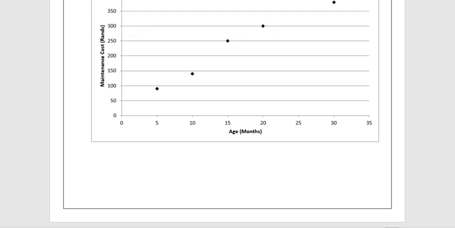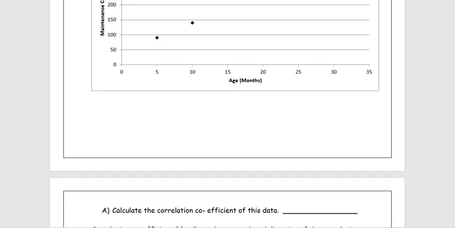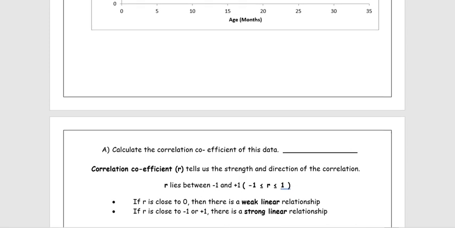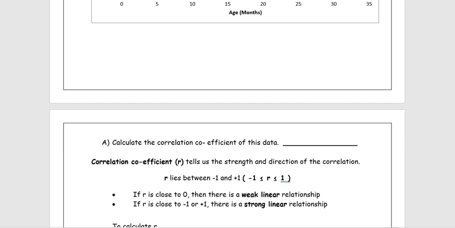Let's look at some questions now. Over here, A says to me, calculate the correlation coefficient of this data. Let's look a bit deeper before we go into this and explain a little bit about what a correlation coefficient is.